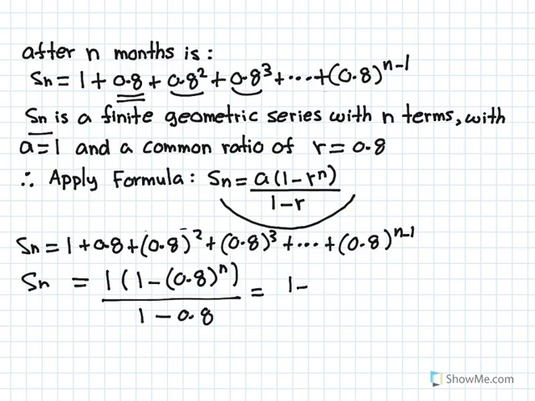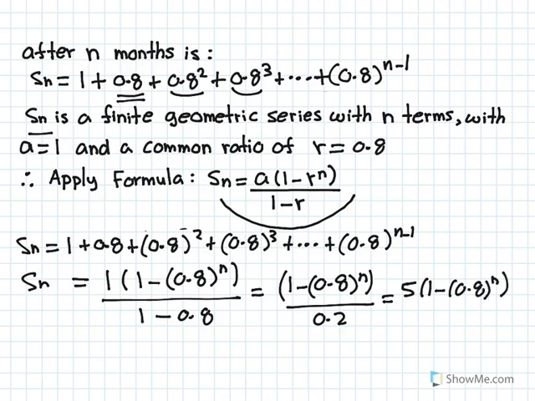So we get 1 minus 0.8 to the power of n, divided by 0.2. 1 divided by 0.2 gives us 5, times 1 minus 0.8 to the power of n. So this is Sn, which is the total amount of money that has been generated after n months of receiving and spending.